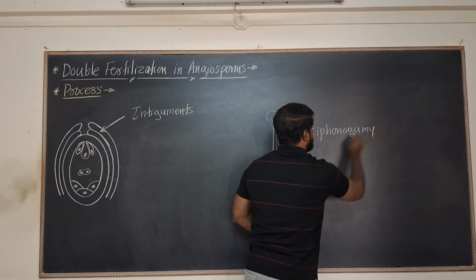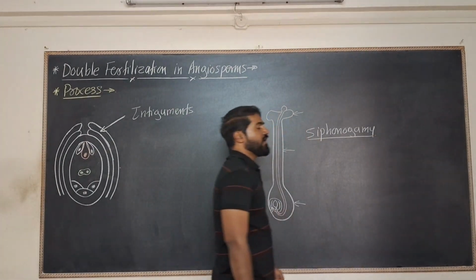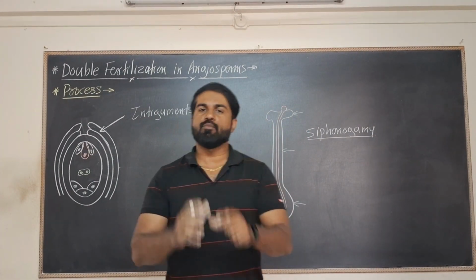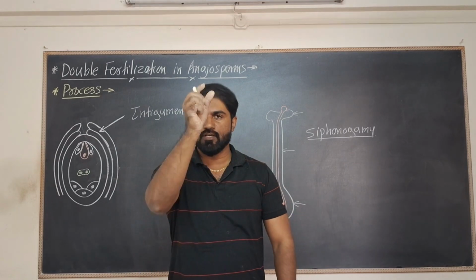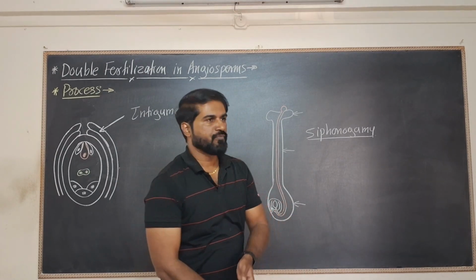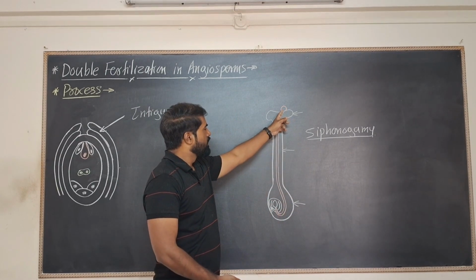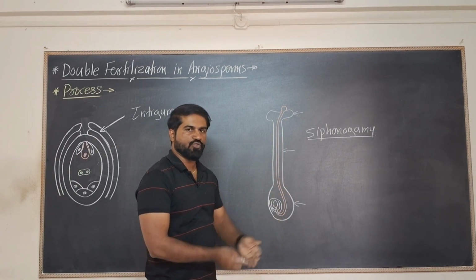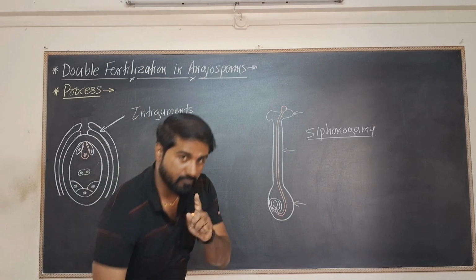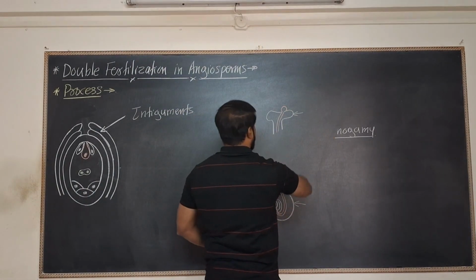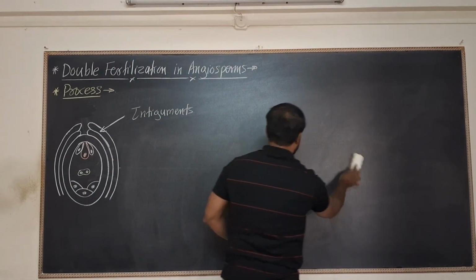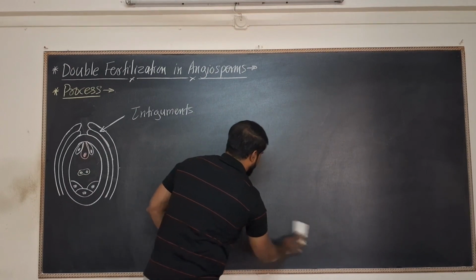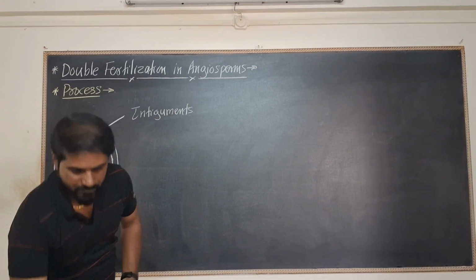Siphonogamy is the transfer or transport of non-motile male gametes through the pollen tube. So, with the help of pollen tube, the male gametes will reach up to the ovule, and the next process will take place inside the ovule. Now, let's go inside the ovule and discuss the process of double fertilization.